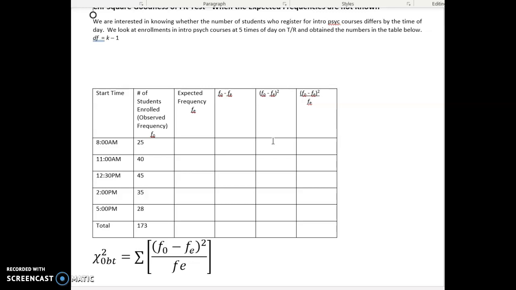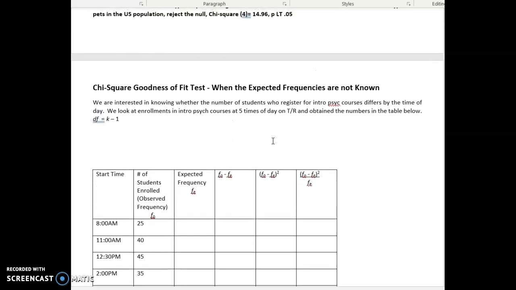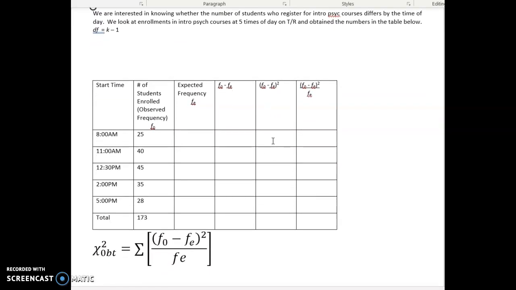Notice here that we do not have a directional test, but directional and non-directional is less important for chi-square. We just want to know, do the numbers of students represented in this table differ from what we would expect at each of the times a day?